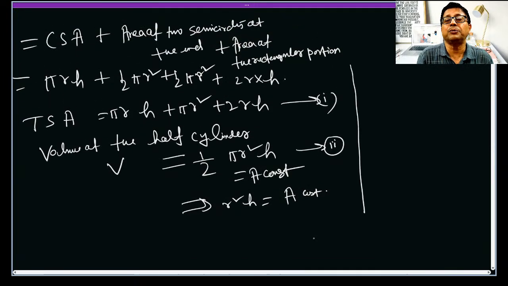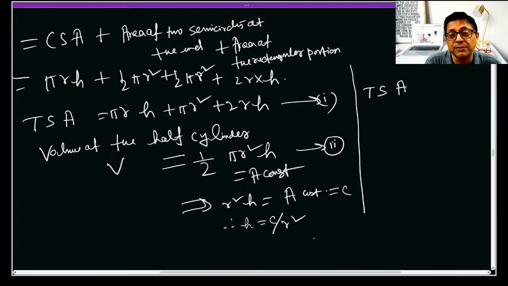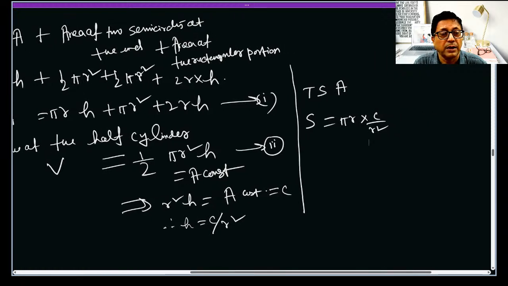See, total surface area coming to be what? You take h from here or r as you like. So which one is easier, that you have to think. R is everywhere, h is at two places only. So better you take this one as C and h you write C by r square. I am taking total surface area as S. It is pi r into C by r square plus pi r square plus 2r into C by r square.